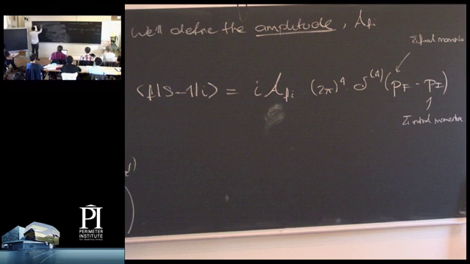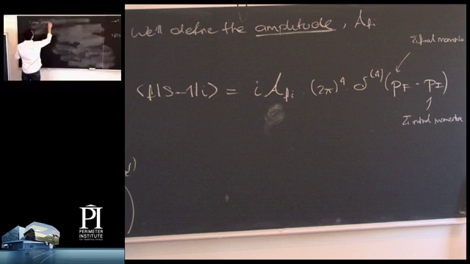So we could consider nucleon, antinucleon scattering going to two mesons. What are the diagrams for that?